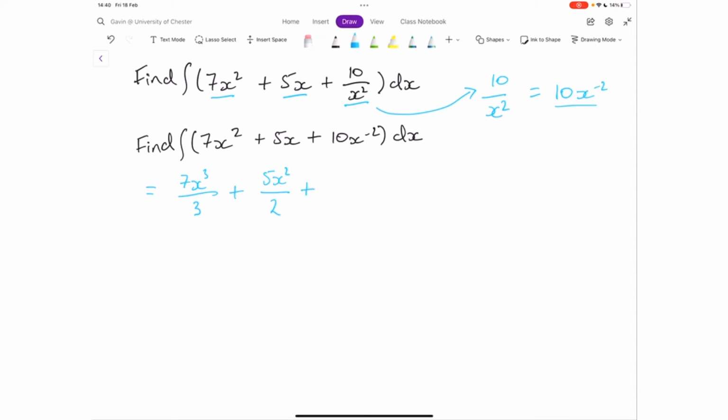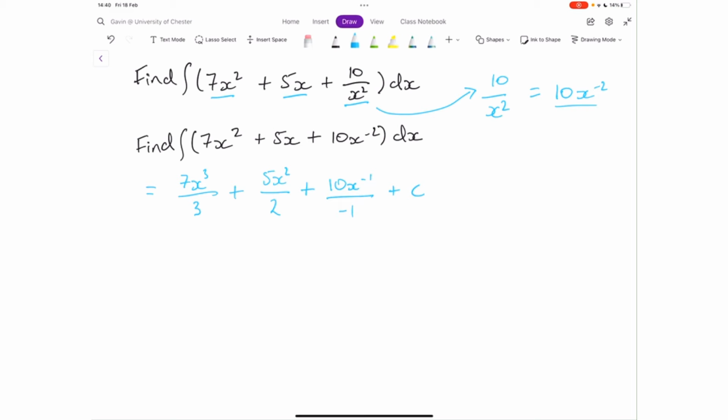And again, add 1 to the power. So here I'm going to add 1 to minus 2. If I add 1 to minus 2, then it becomes minus 1, and divide by the new power, minus 1. Plus c, let's not forget our constant of integration.